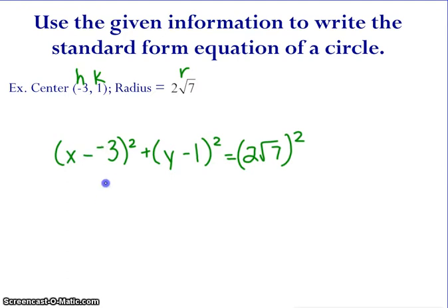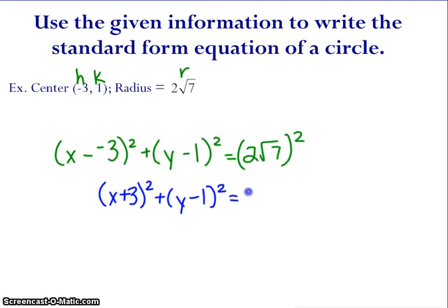x minus a negative 3 is the same as x plus 3. y minus 1 squared can't be simplified, so we leave it alone. And then 2 square roots of 7 squared in your calculator. Make sure you put the parentheses. If you do not, you're going to get the wrong answer. I want you to try it in your calculator right now.